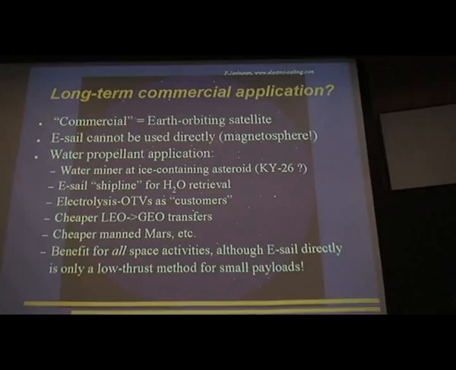A notable point here is that if this kind of application is realized someday, it is a benefit for all space activities. Although the electric sail directly is only a low thrust method for small payloads, and furthermore, the electric sail cannot be used inside the magnetosphere, of course, because in the magnetosphere there is no solar wind. So we can't use the electric sail directly for making orbital transfers for satellites.